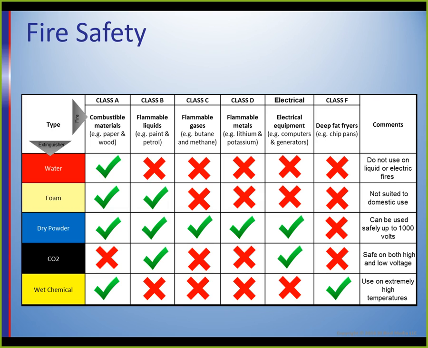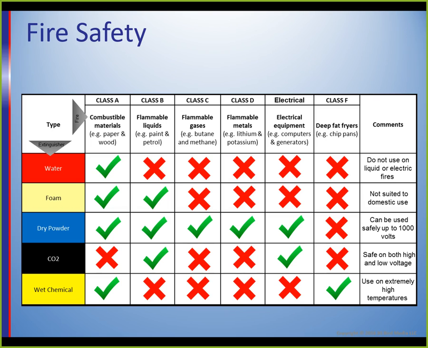Class A, basically paper, wood, white smoke. Class B, flammable liquids, and we usually say petroleum based for this one. Generally, we're talking black smoke for these things. Class C, flammable gases, butane and methane, and then the electrical equipment, computers and generators.